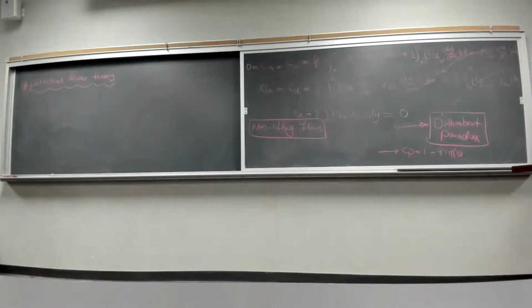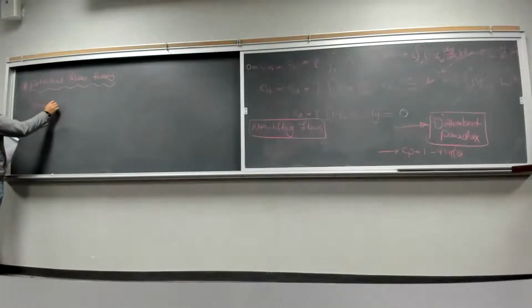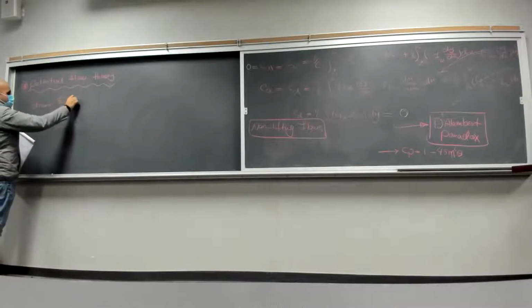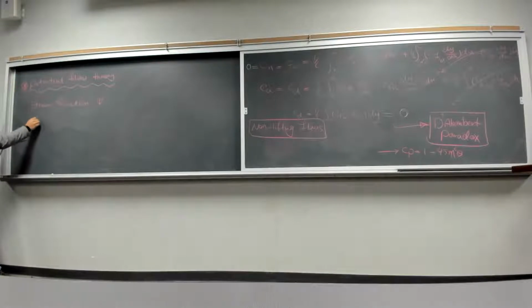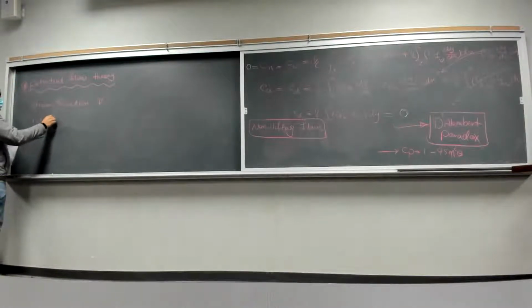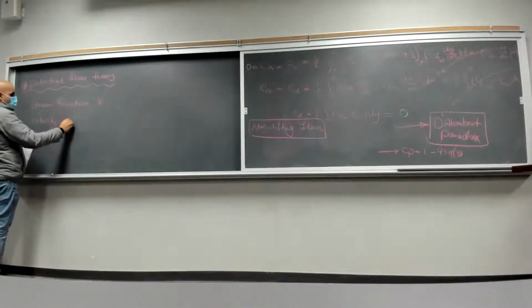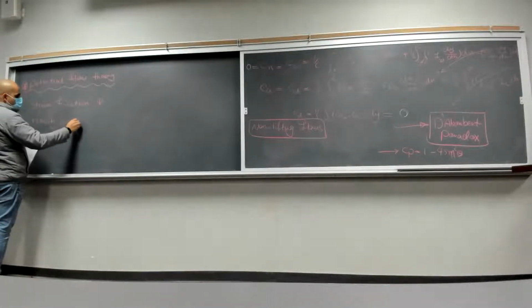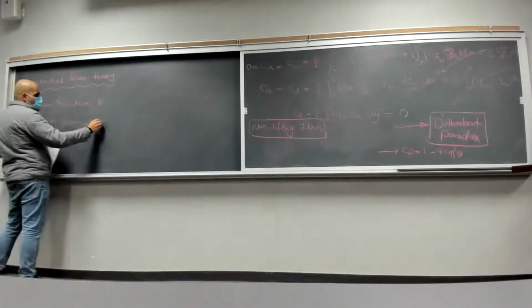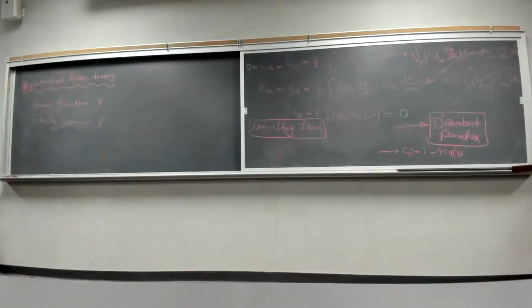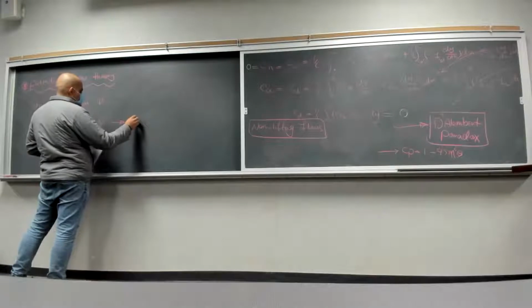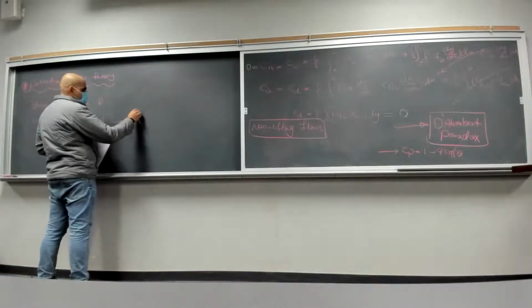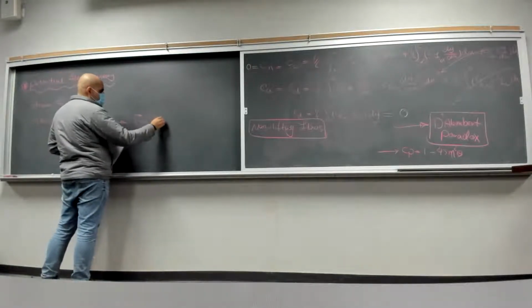If you recall, we talked about stream functions, psi, and velocity potential, phi. Okay, we define the velocity potential as essentially this.